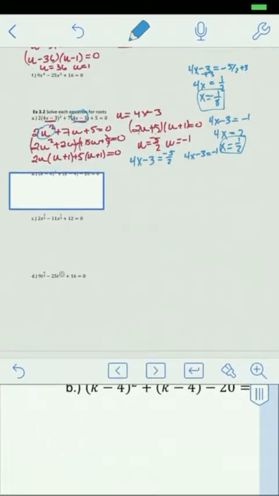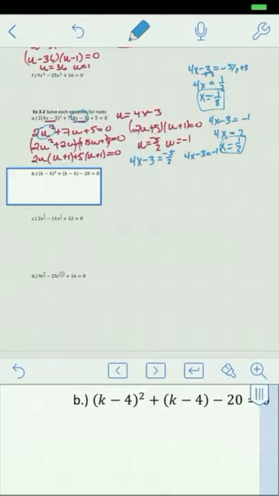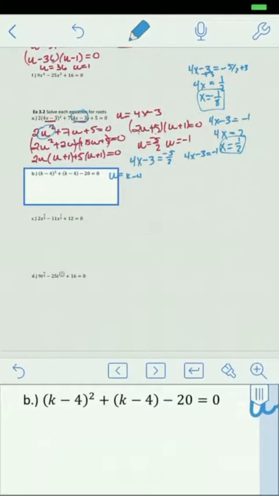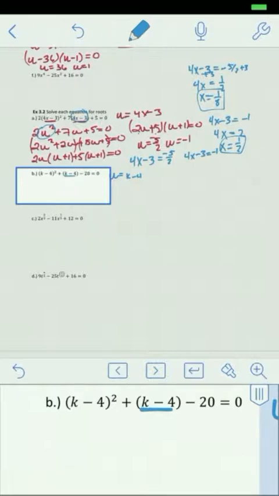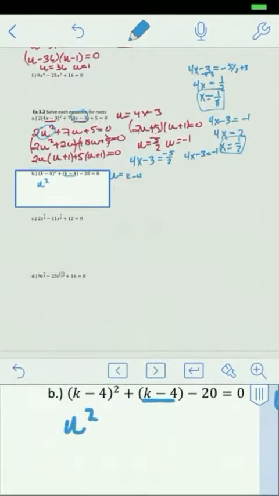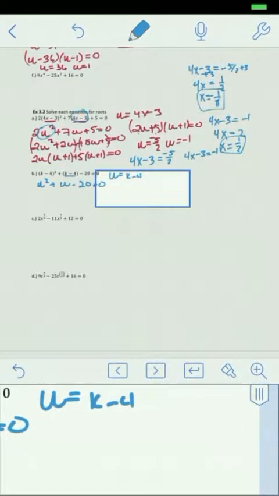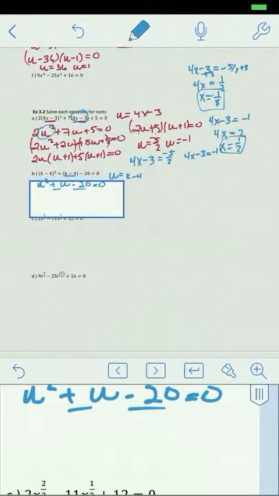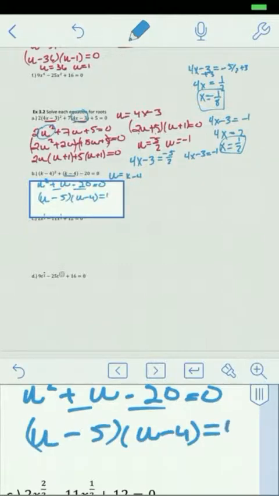Let's do another one like that. So I'm going to again make u equal to k minus 4, because that's what's sitting in my b term. And when I do that, I end up getting u squared plus u minus 20 is equal to 0. Two things that will multiply to negative 20 and add to 1, that would be 5 and negative 4. So this would be u plus 5 and u minus 4.